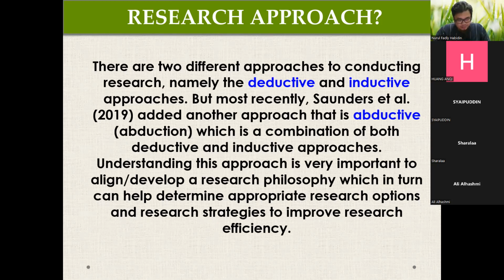This happens: some students, in chapter 1 or chapter 2, mention that in our study we use theory A, theory B, theory C, theory D. Your supervisor and panel will ask why you use these theories, when the theory should represent your research objective.